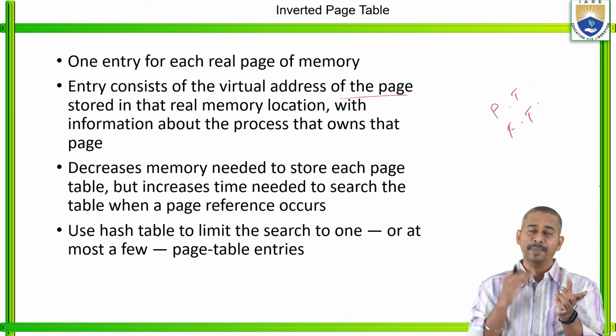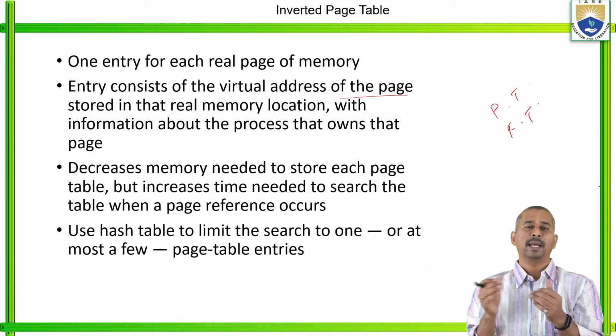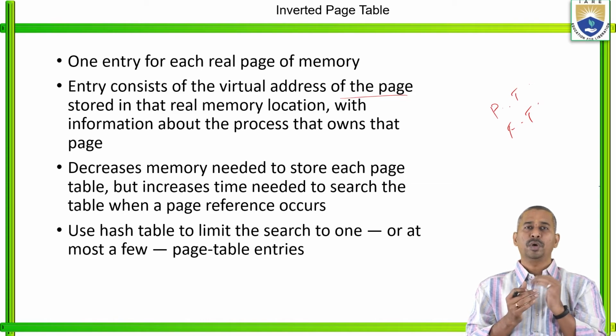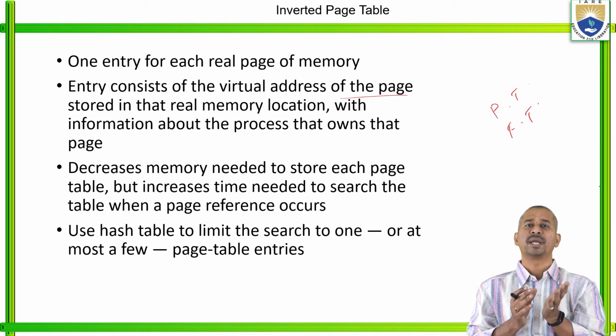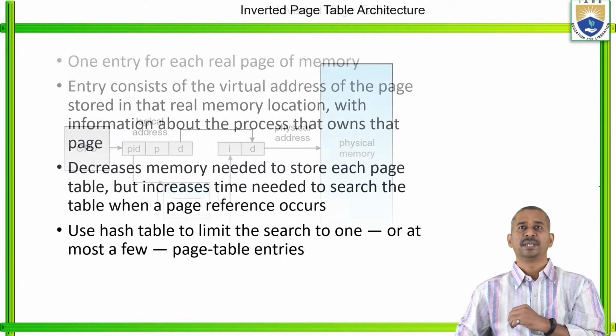But at the same time, it increases the amount of time needed to search the table whenever a page reference occurs. So we use a hash table to limit the search to one or a few page table entries. So that represents the inverted page table.